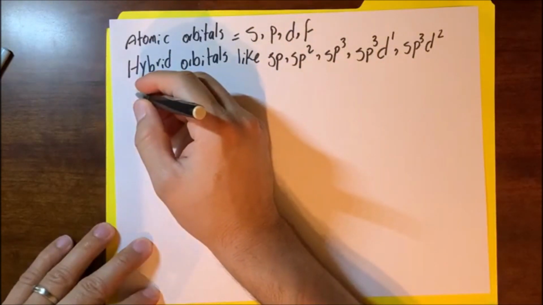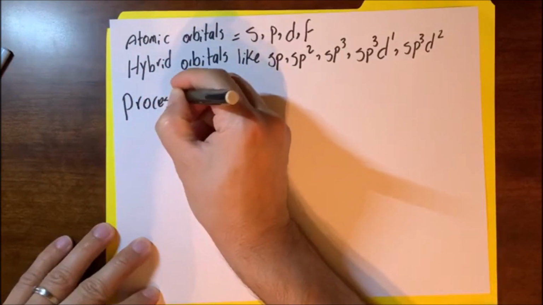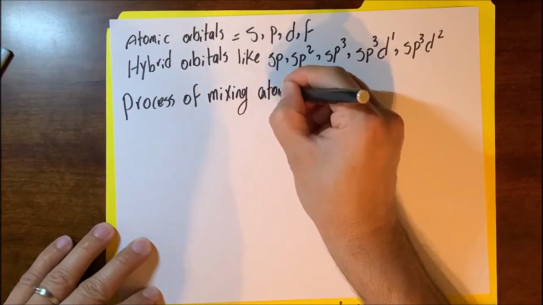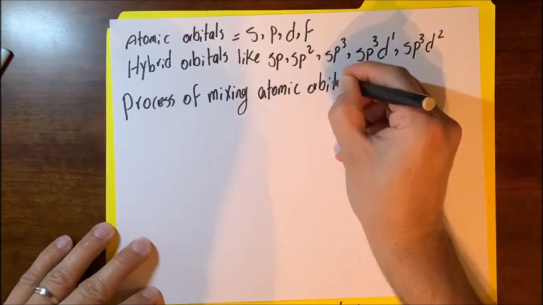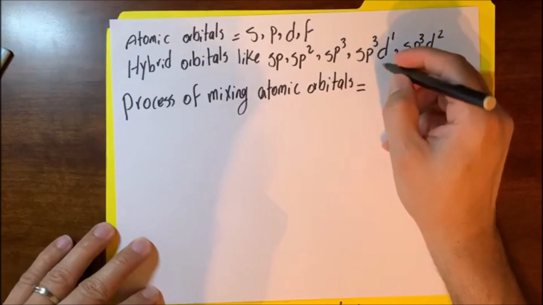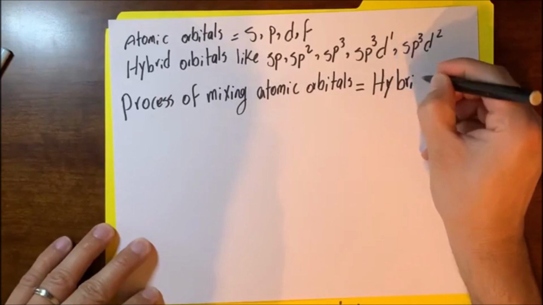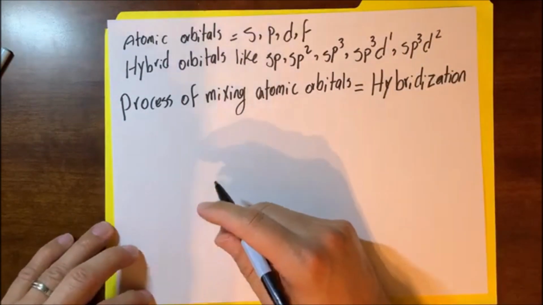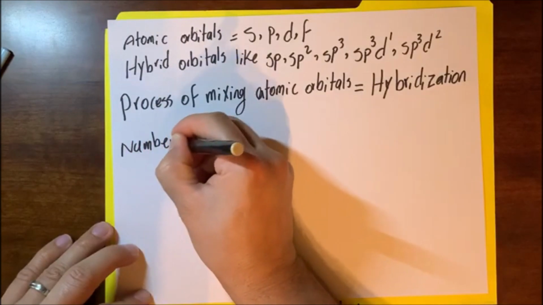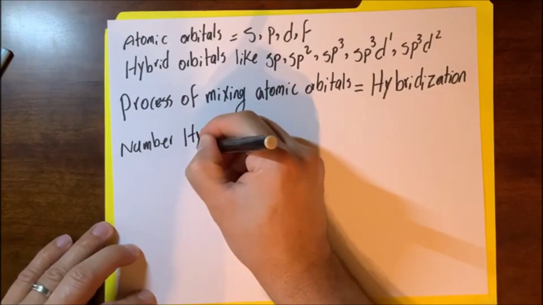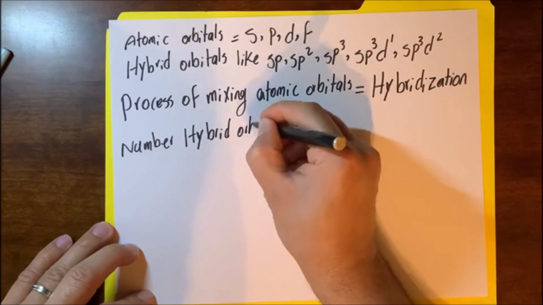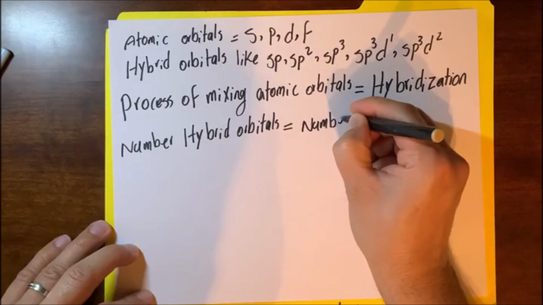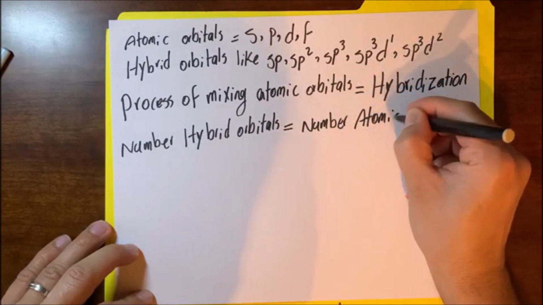So hybridization is the process of mixing atomic orbitals. And the number of hybrid orbitals is equal to the number of atomic orbitals.